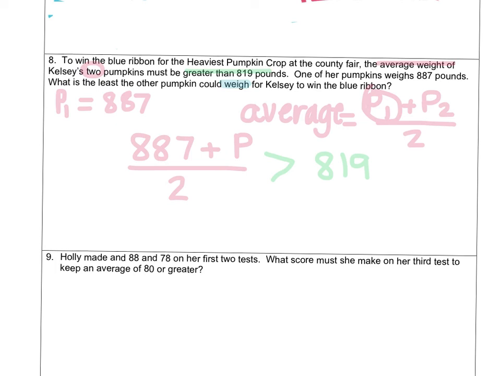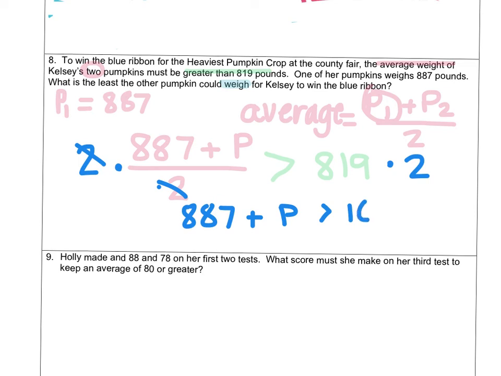Now let's go there to solve. When we're solving this, the first thing to do is to get rid of this 2. So we will multiply by 2 on each side so that it'll make it a little bit easier for us to solve. These 2s cancel out, so we'll have 887 plus P is greater than 1,638.